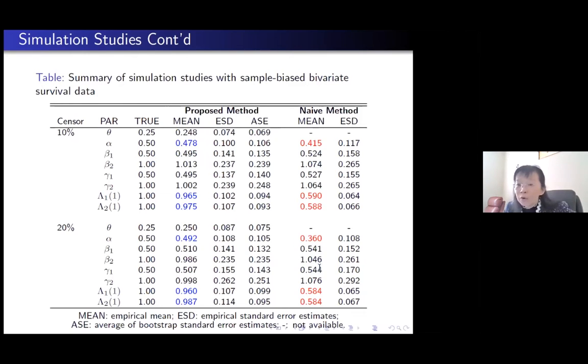Here, the regression coefficients estimated by the naive method had relatively small empirical biases because the truncation time in this setting was independent of the two covariates. More importantly, the naive method consistently underestimated the cumulative baseline hazard function. In other words, it overestimated the baseline survival function. For example, the empirical biases were around 40% in both scenarios.